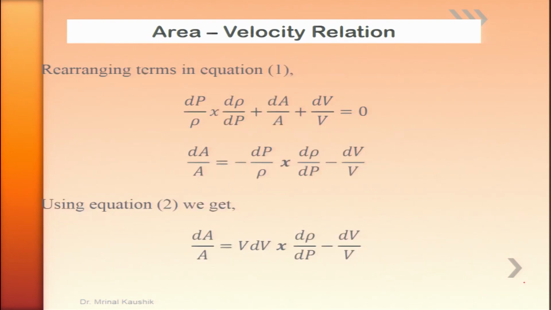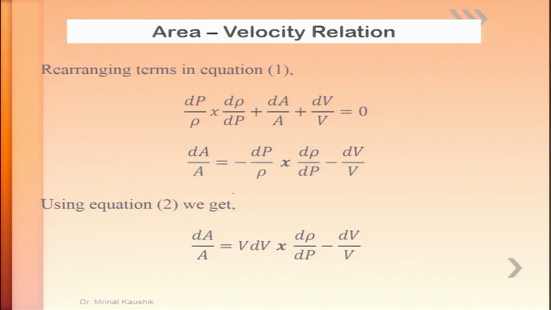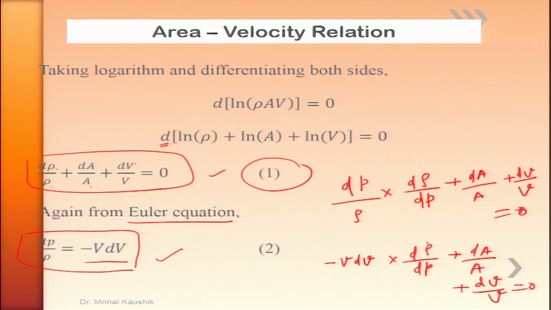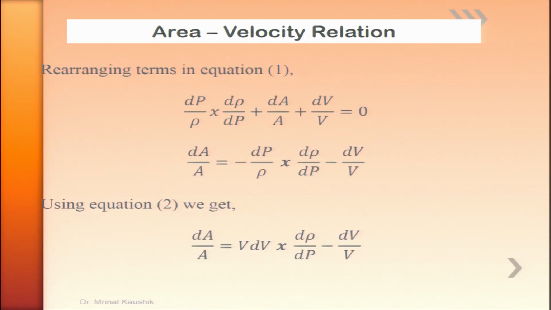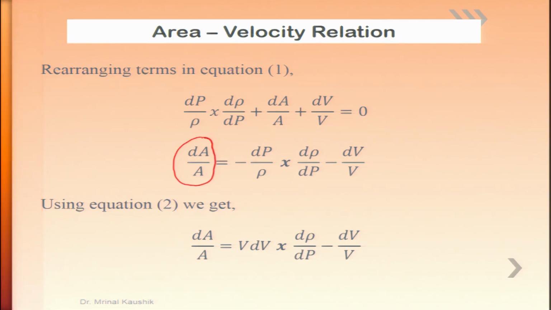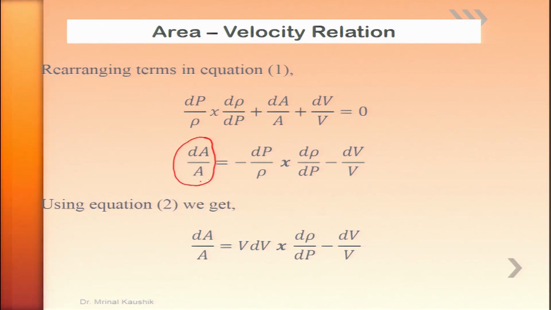Now, further, if we do this exercise, what we essentially get is that we can club these two terms, dV by V, with this dV by V term. Let us say at one side we will keep dA by A, however all the other two terms we are sending to this side.